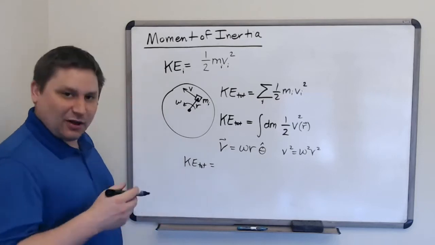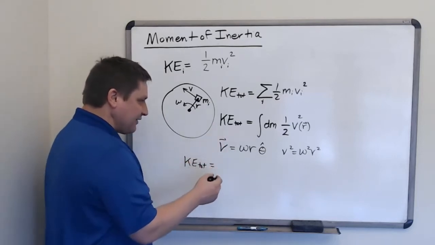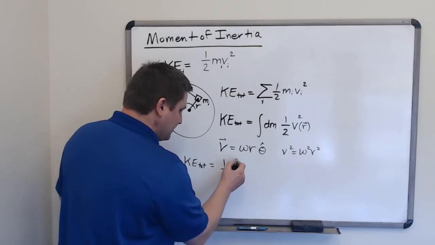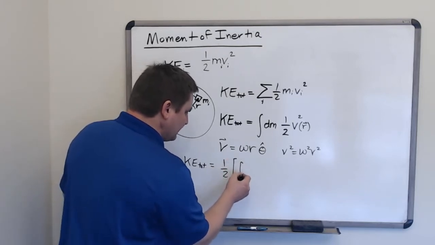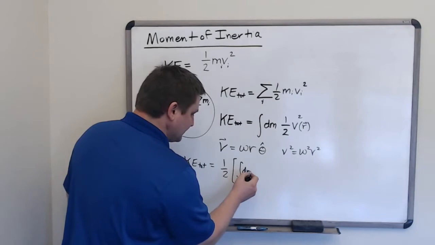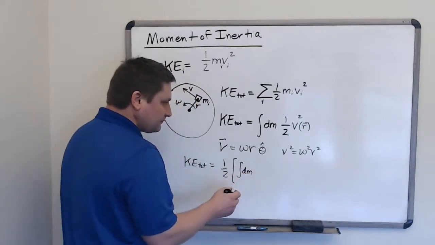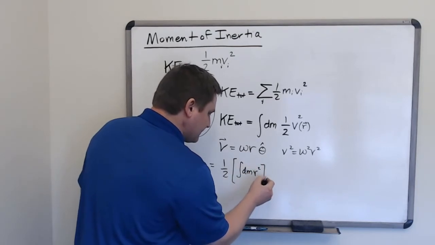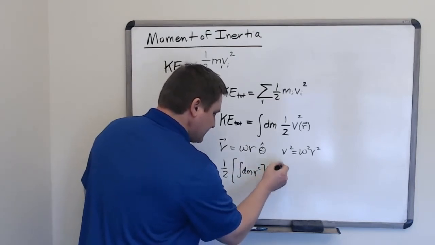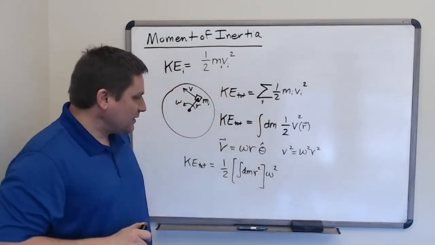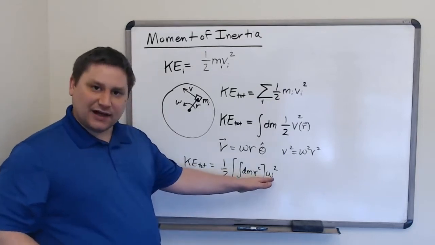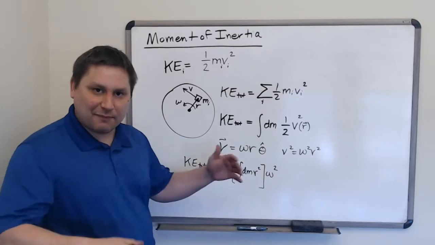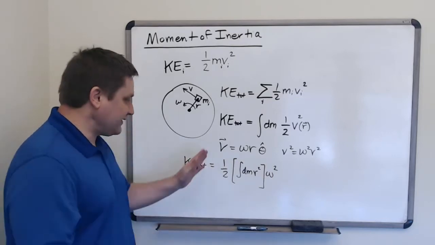So we get a small simplification if we consider calculating the kinetic energy. We get 1/2 times an integral that I'll still be writing just formally as dm r squared, but the angular velocity for each bit of mass is the same, so that can be considered apart from this integral or this sum.